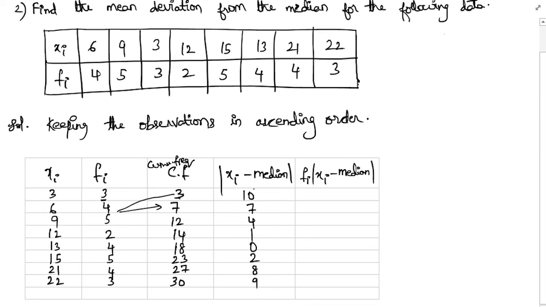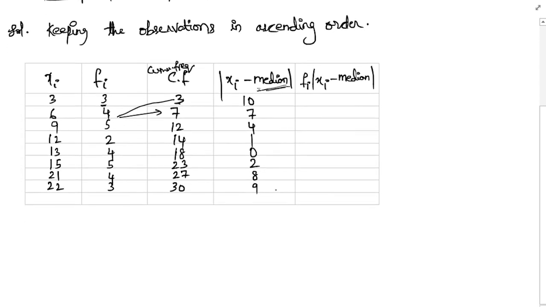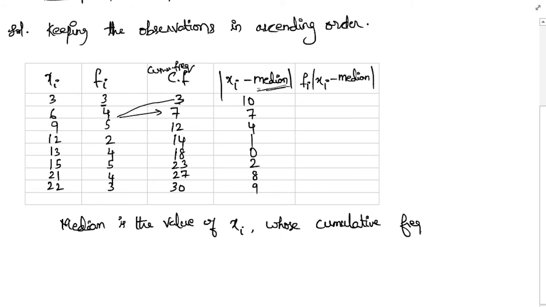I have already calculated this mod of xi minus median, but did you understand how we got the median? I'll tell you. The median is a value of xi where we compare with the cumulative frequency.